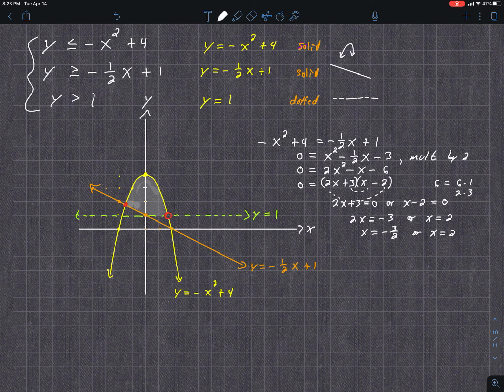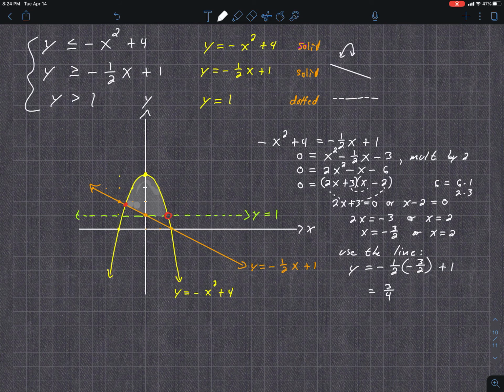So if x is negative 3 halves, you've got to find your y. So use the line. It's easier. So y is equal to negative a half x, which is the negative 3 halves, plus 1. So we've got to simplify that and add it up.